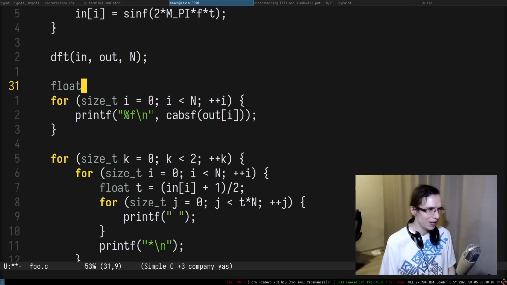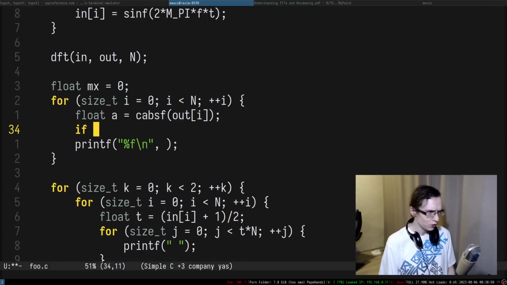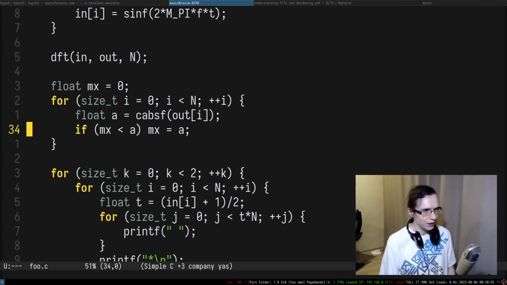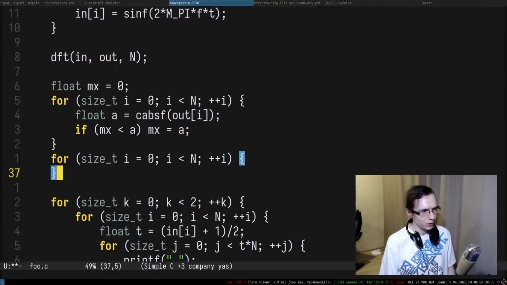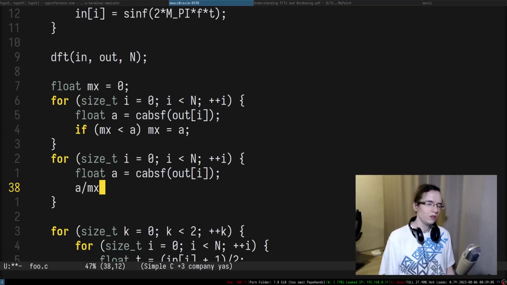So we can do the following. We can try to compute the maximum of this entire thing. It's going to be float a. If maximum is less than a, maximum becomes a. After that, we can try to display that one more time, because now when we're getting that value, we can divide it by mx, and it's going to be from 0 to 1.